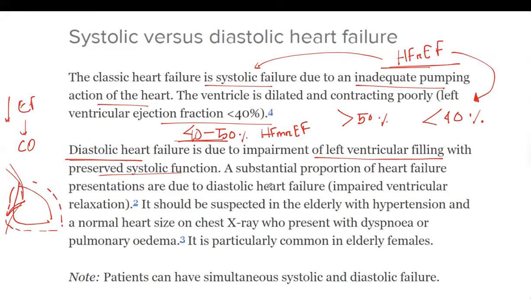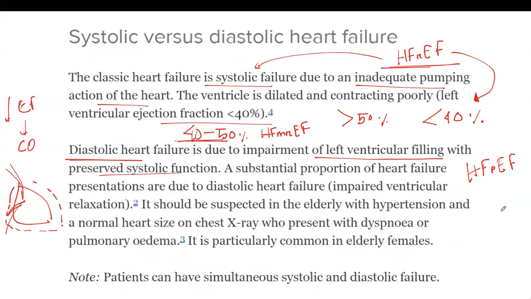So in this patient, you will not get any problem with the ejection fraction. And that is called heart failure with preserved ejection fraction. Okay? So if they use this kind of term, heart failure with preserved ejection fraction, think that they're talking about diastolic heart failure.